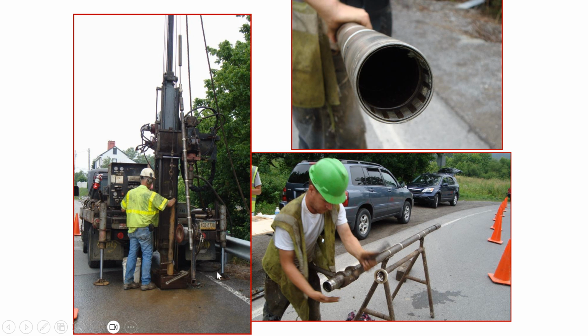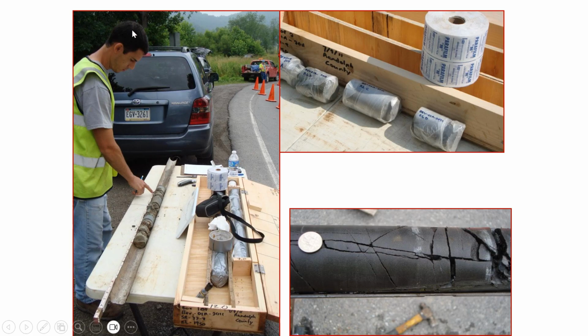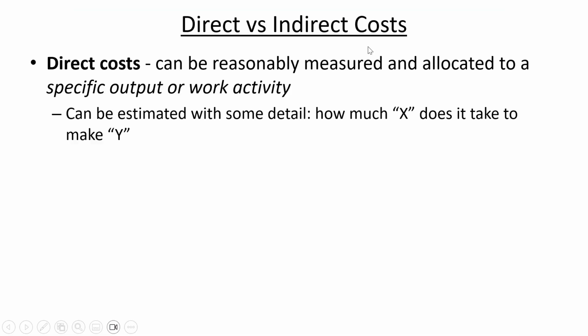But there was also an initiation cost, or a mobilization as they call it, where just getting all of the equipment together and on site, there's a certain lump sum that you have to pay for that. We had to pay a certain amount of money for each person that was on site. We had to pay for somebody to record the core samples that were brought up and to catalog and wrap in paraffin film so that the rock didn't get dried out before it was tested.